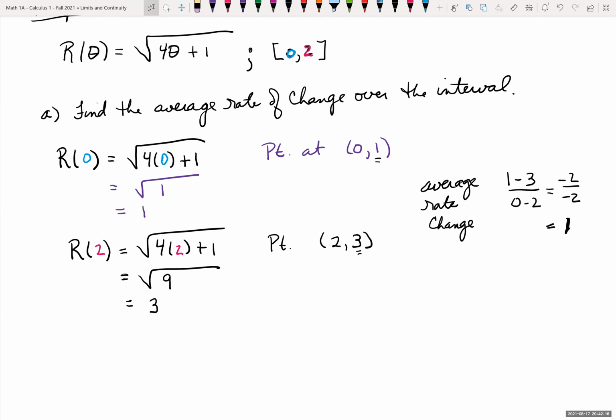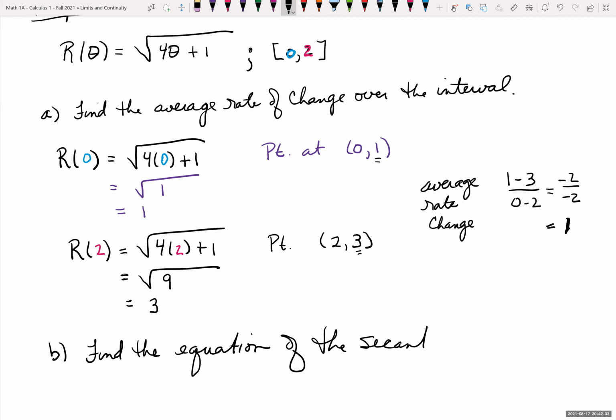So if part 2, or part B of this problem said, find the equation of the secant line on that interval 0, 2.